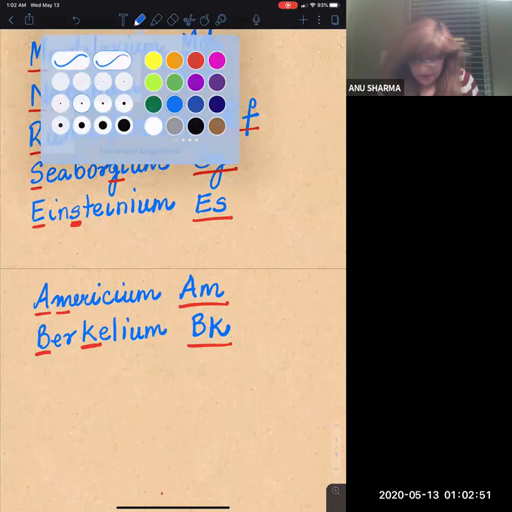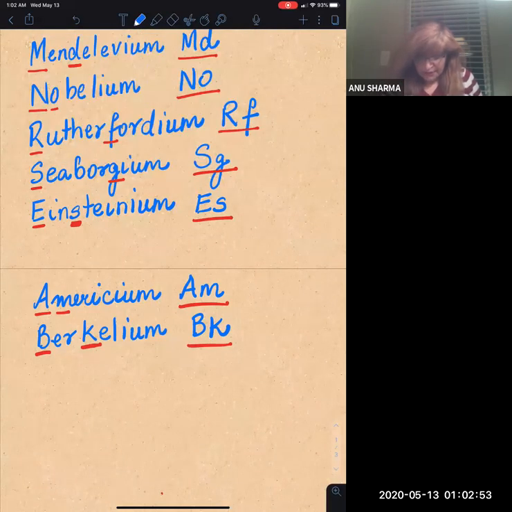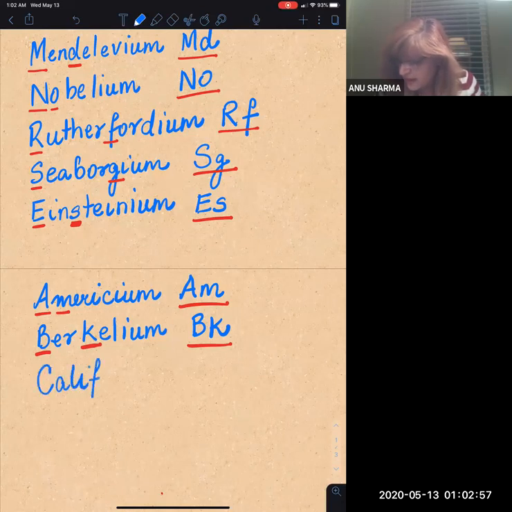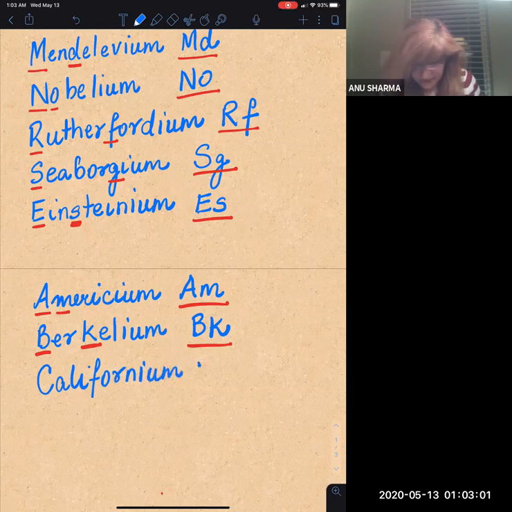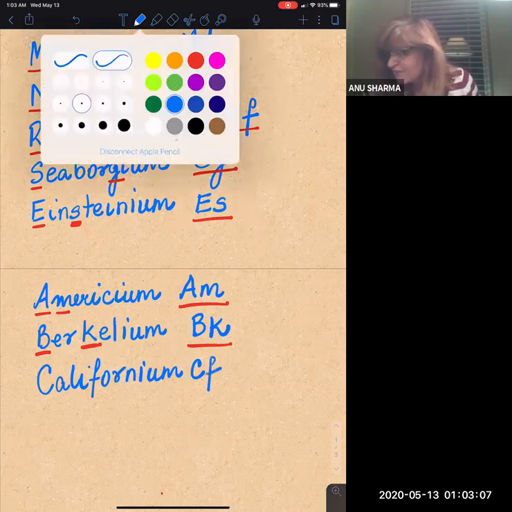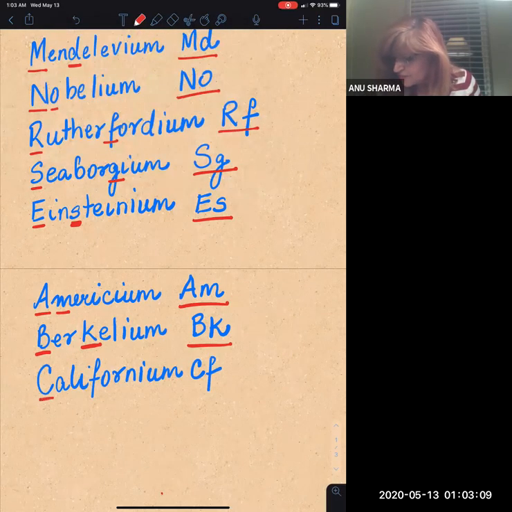Then comes another place, Californium, and the symbol is CF. Very interesting. Here's the first letter, and then 1, 2, 3, the fourth letter. CF, Californium.